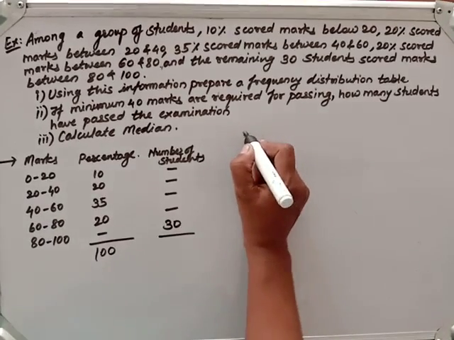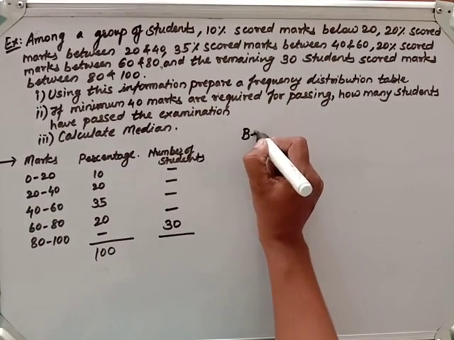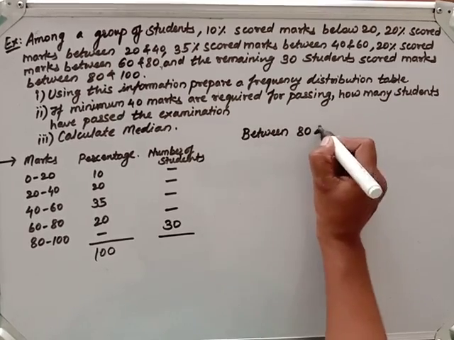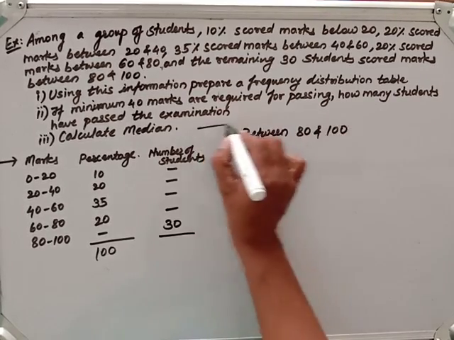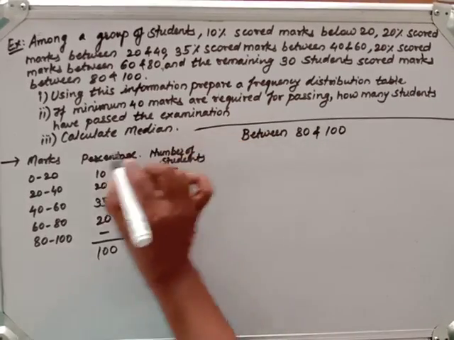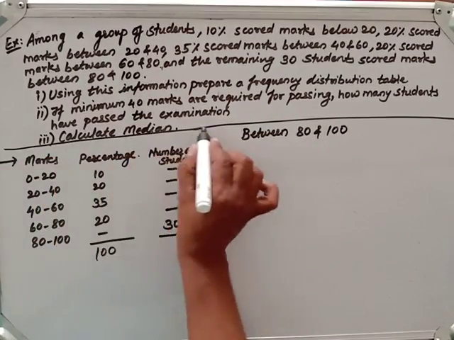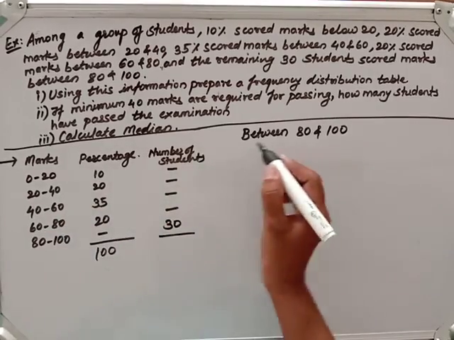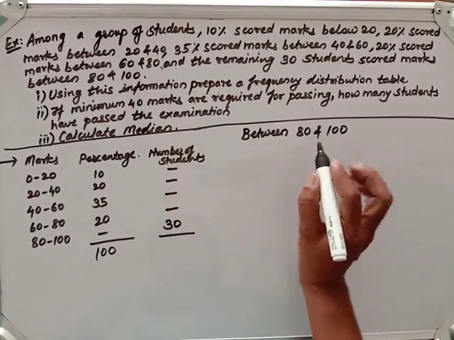So I can say from this, between 80 and 100. This is my answer. I will start my answer from here. This is also a part of answer. I have just written for your information here. If you won't write that thing, it is okay.